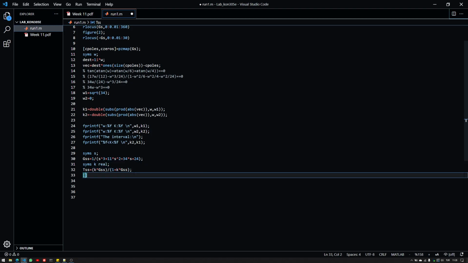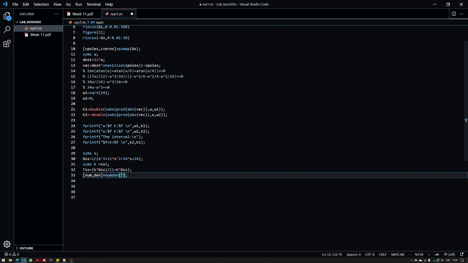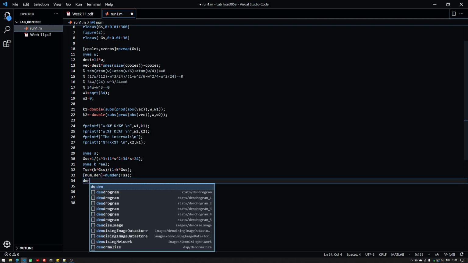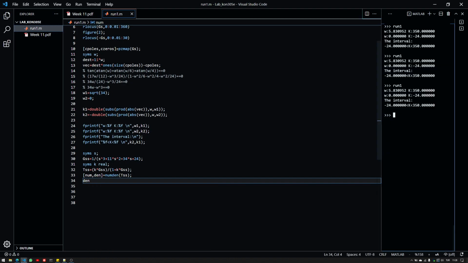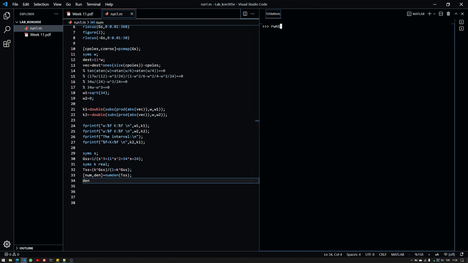Now, of course, we can get the numerator and denominator of T(s). And then we have this here. Now we can see that this is our characteristic polynomial. At this point, you can use the Routh-Hurwitz table, the Routh stability criterion, for this.